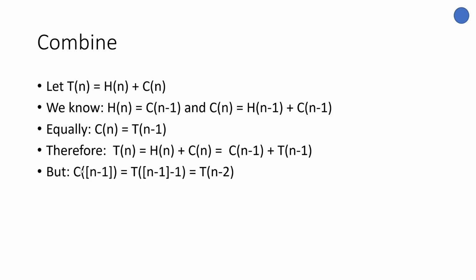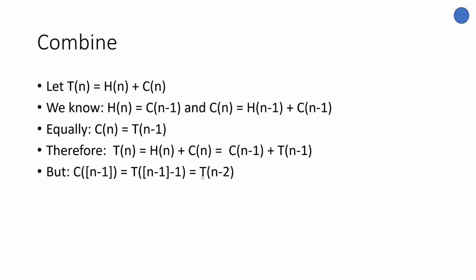But c of n minus 1, I can redefine as being t of n minus 2. This is because we can substitute n minus 1 back into this definition here. And that will give us t of n minus 1 minus 1. And that's how we get our t of n minus 2.